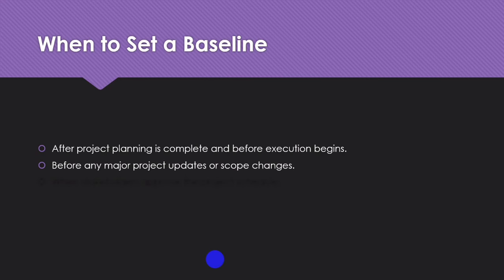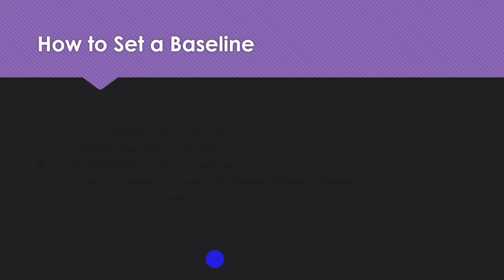If your project scope changes significantly down the line, you might consider saving a new baseline version for reference. So, according to my slide, you set a baseline after project planning is completed and before execution begins, before any project updates or scope changes, and when stakeholders approve the project schedule.